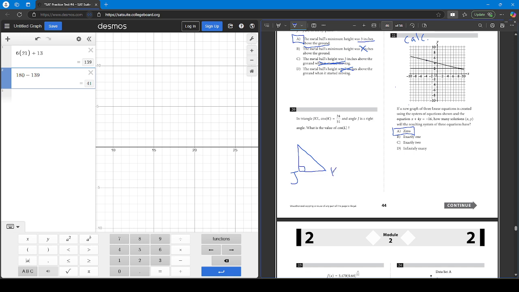The cosine of K, cosine, SOHCAHTOA, it's adjacent over hypotenuse, is 24 over 51. What is the value of the cosine of L?